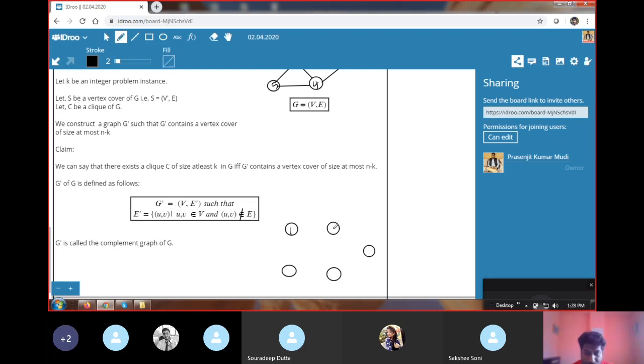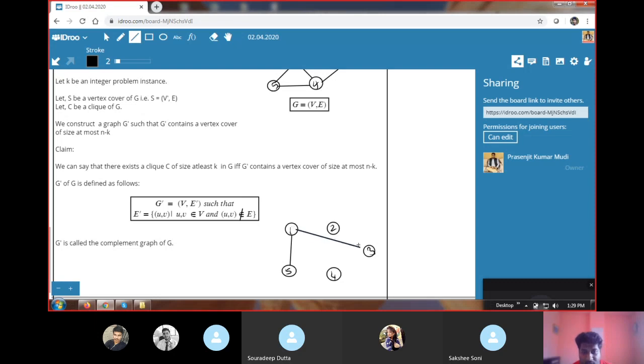This is 1, this is 2, 3, this is 4, 5. So this edge was connected 1, 2, so this will not be in the E dash. 1, 3, 1, 5 was not an edge in E, so it becomes an edge in G dash. 1, 4 was connected, 5, 4.